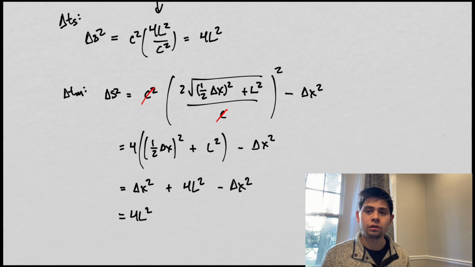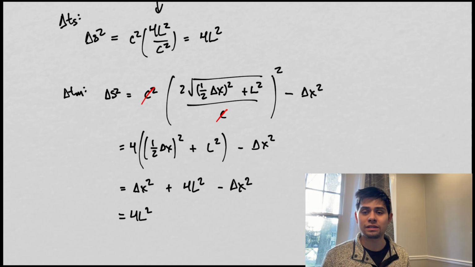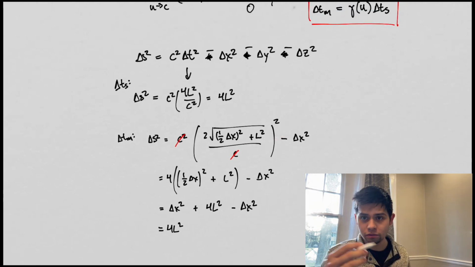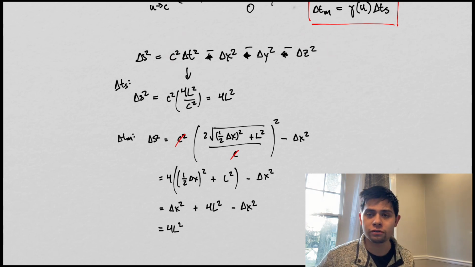So we have to use the time dilation formula in order to preserve distances when we're moving in the x, y, or z direction. That's what this is telling us. Because again, we have to use this non-trivial structure of spacetime.